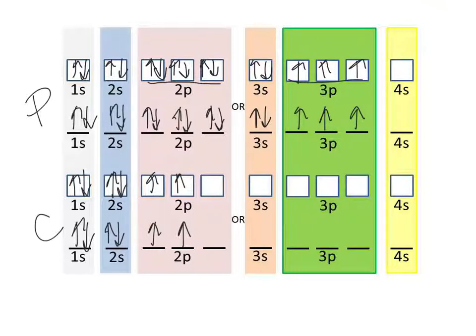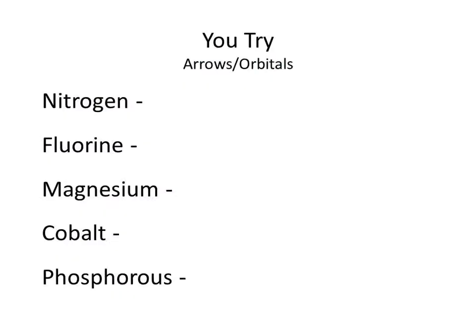It just assumes that the reader knows that there are 3 orbitals in the 3p, and if you got to 3d, there would be 5 boxes or 5 lines. So either one of these is correct, but you got to remember to make sure that you label which box or line the orbital belongs to.